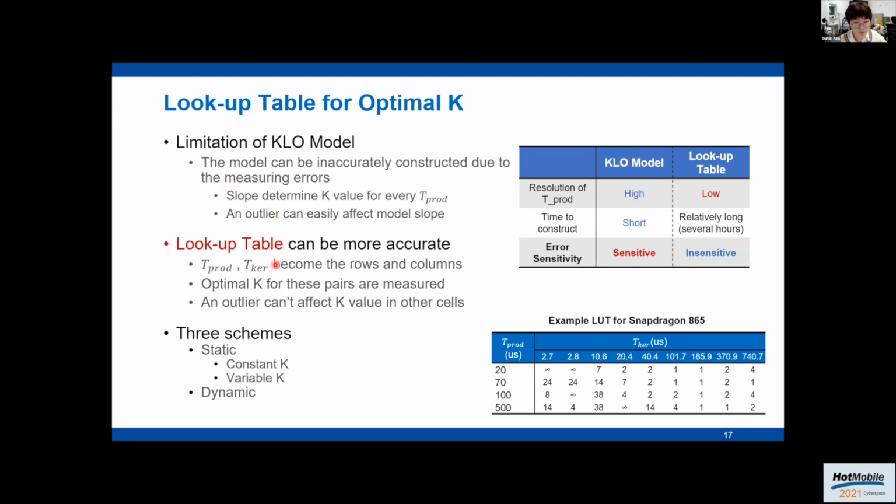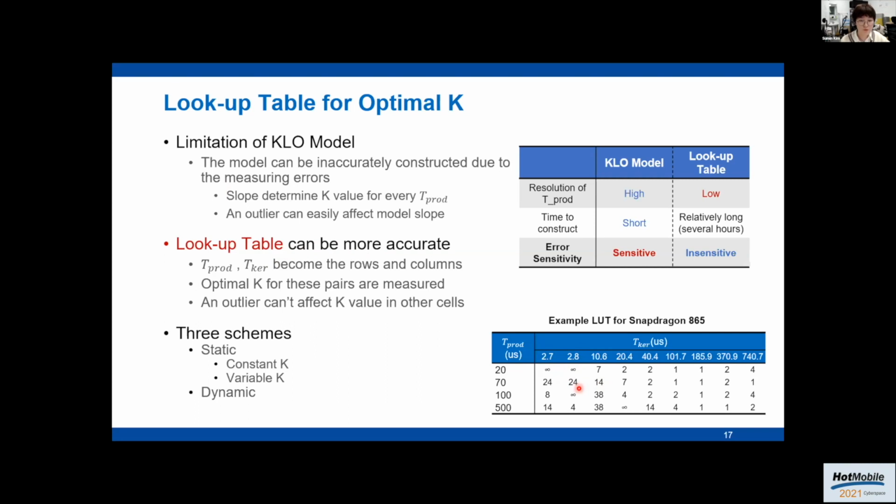Thus, we propose a lookup table-based approach where tprod and tcur become the rows and columns. The optimal k for each pair is individually measured and filled in. Thus, even if there is a measurement error, it does not affect the optimal k value in other cells.